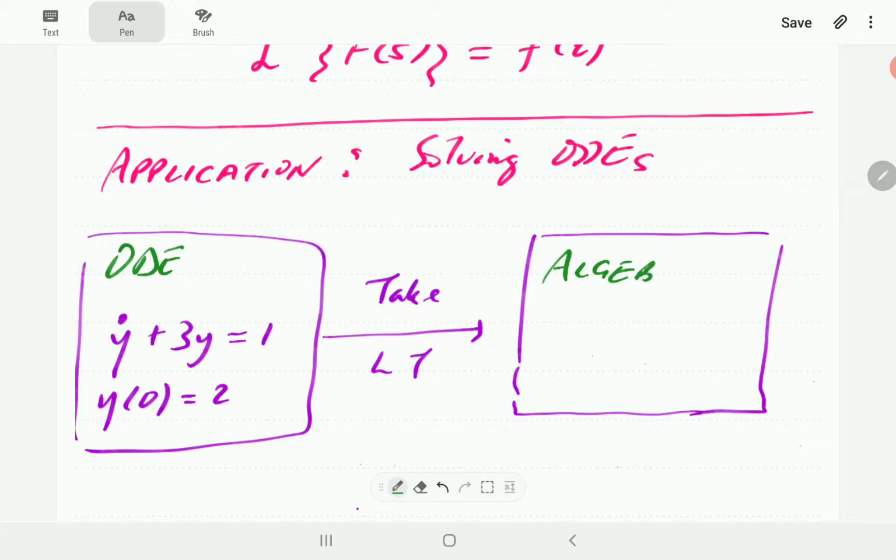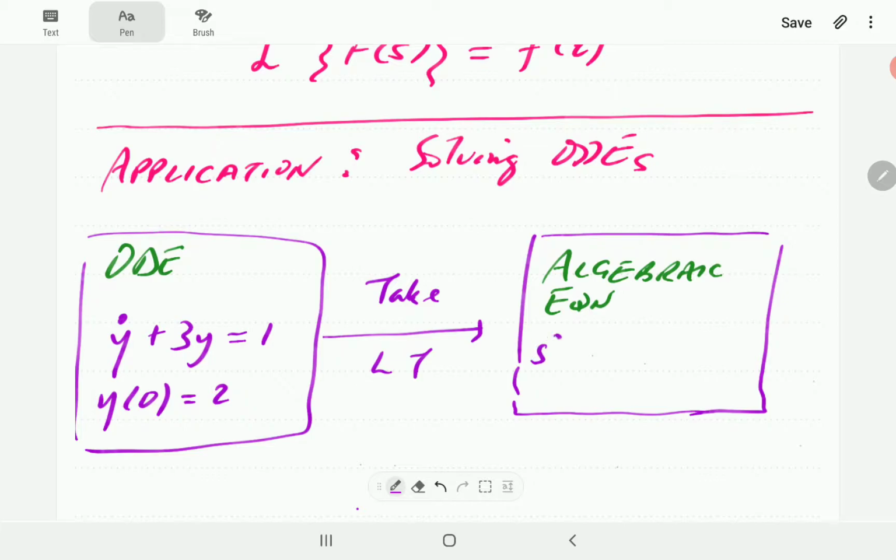That is the usefulness of the Laplace transform. Here we're just going to have an algebraic equation, and an algebraic equation is typically easier to solve than an ODE.